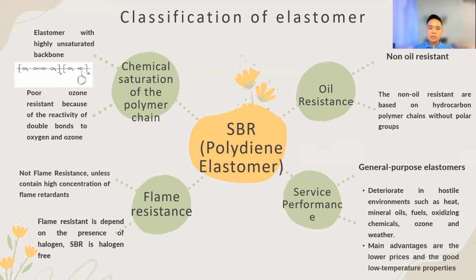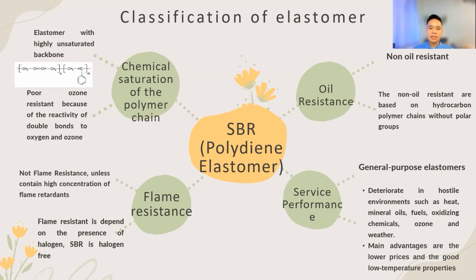SBR is also not flame resistant unless it contains a high concentration of flame retardants, and flame retardancy is very dependent on the presence of halogen, but SBR is halogen free.